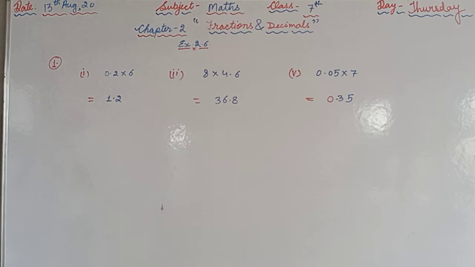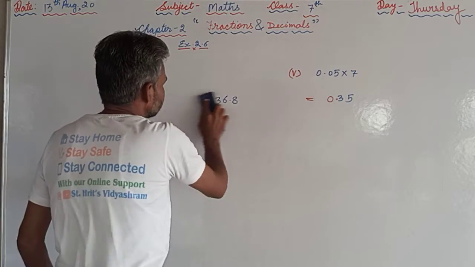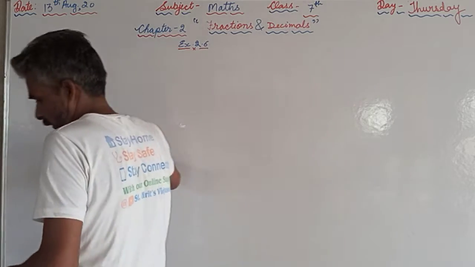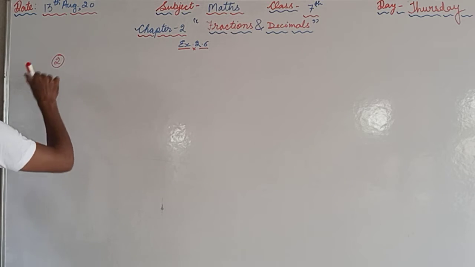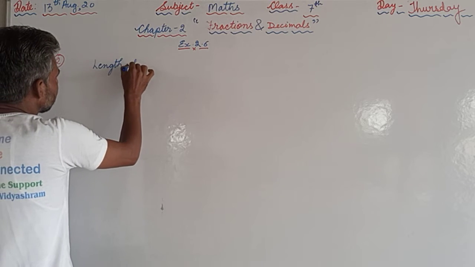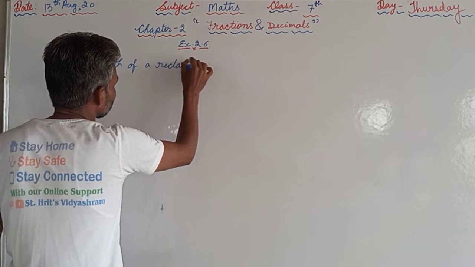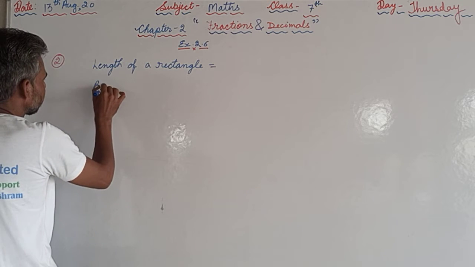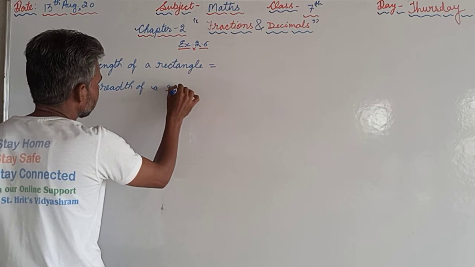Now the second question is: find the area of a rectangle whose length is 5.7 centimeter and the breadth is 3 centimeter. So the second question is a word problem. Now we will consider question number 2, in which the length of a rectangle is given, and then the breadth of a rectangle.